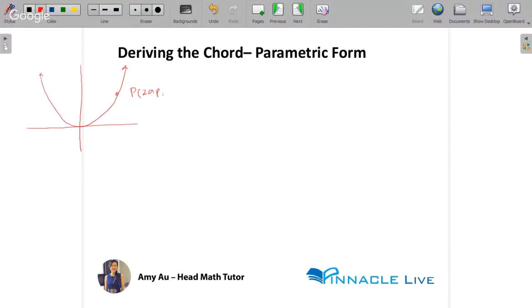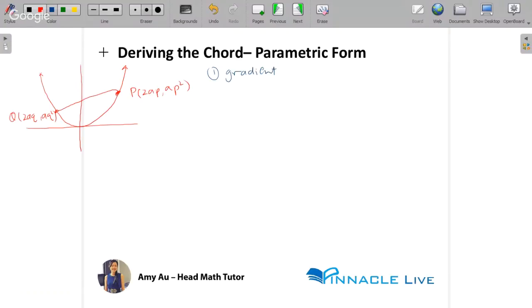So let's say we have two points, 2ap, ap squared, and another point Q, 2aq, aq squared. And we're trying to find the line joining these two points. The standard steps to finding the equation of a line are gradient and then point gradient formula.